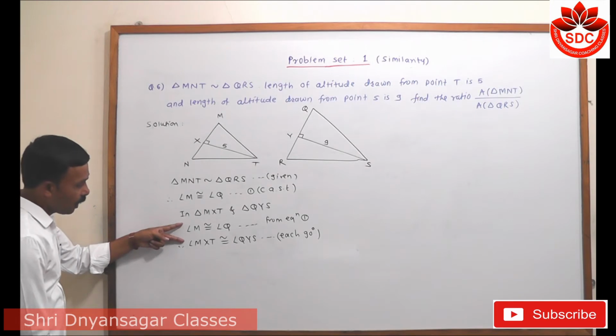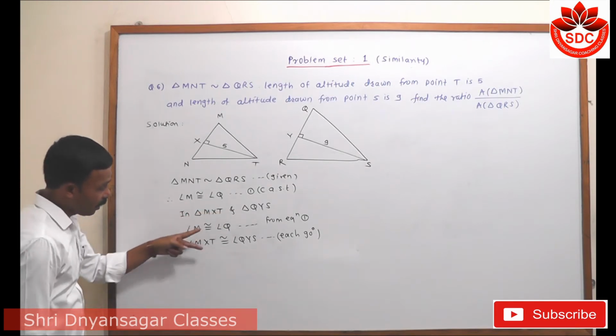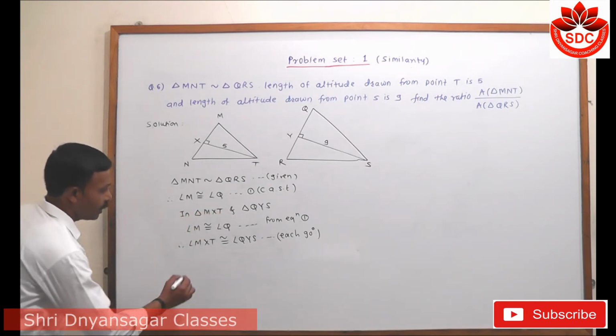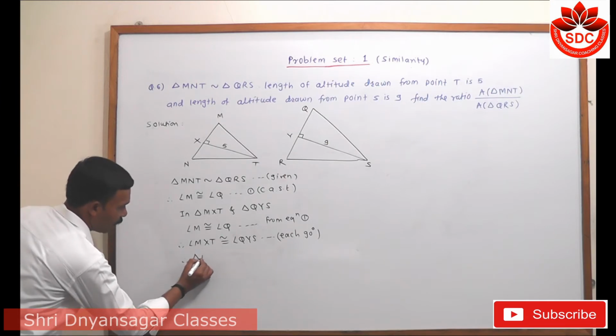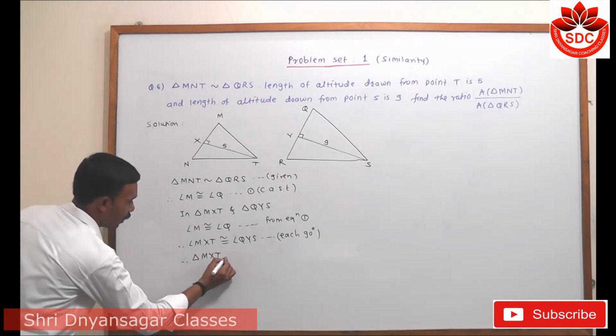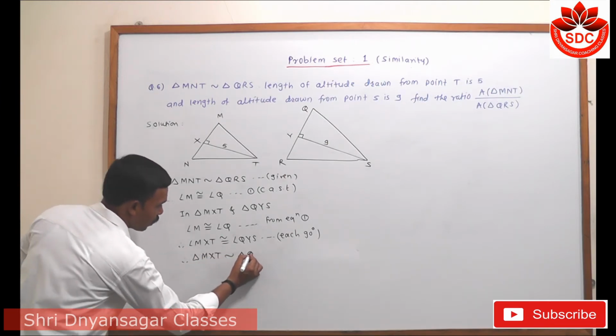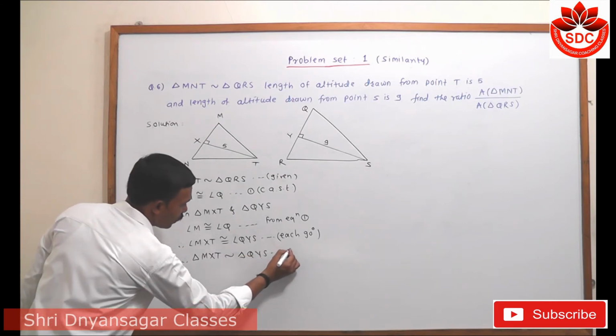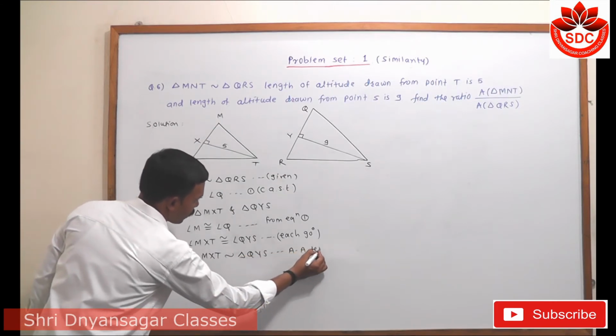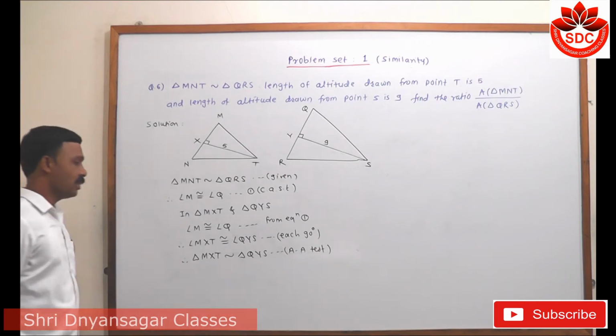Then these two triangles are similar by AA. Therefore, triangle MXT is similar with triangle QYS by the AA test of similarity.